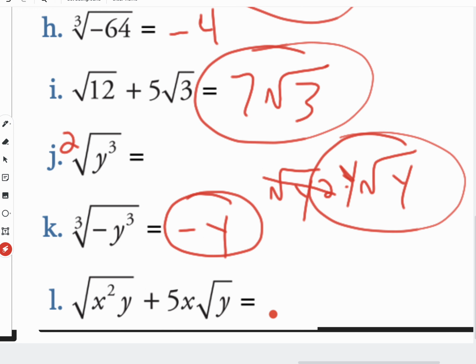For example, the square root of x squared will simply be x. Let's bring out that x square roots of y, plus 5x square roots of y.